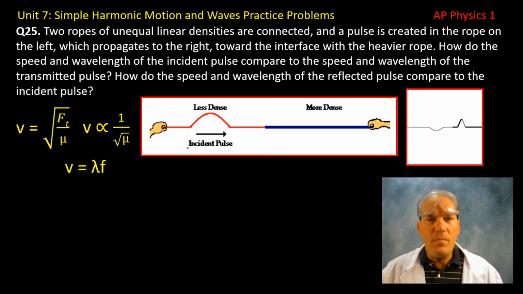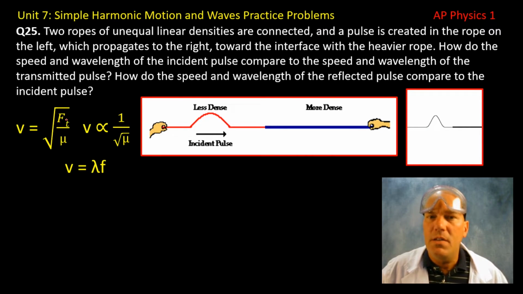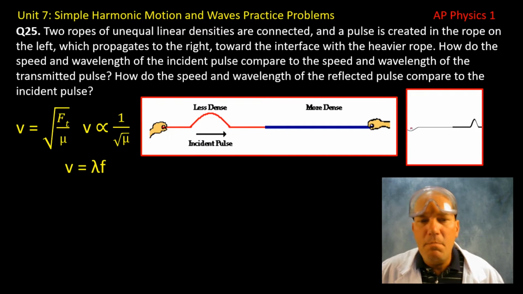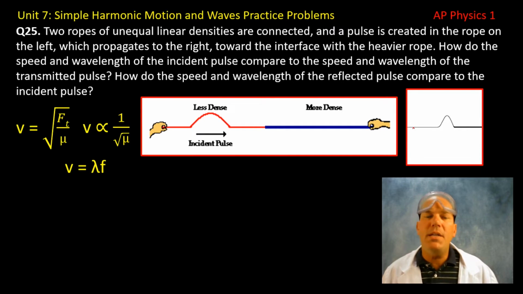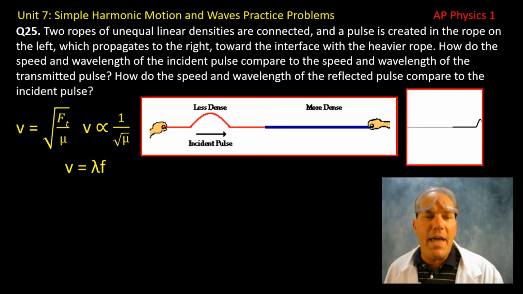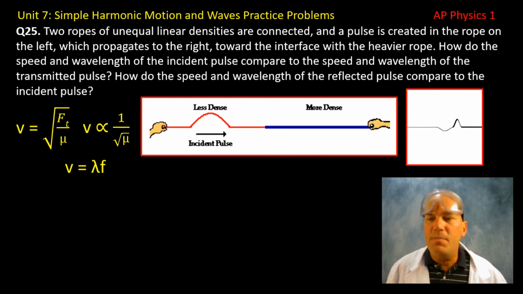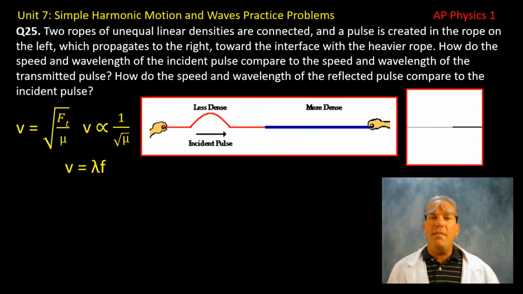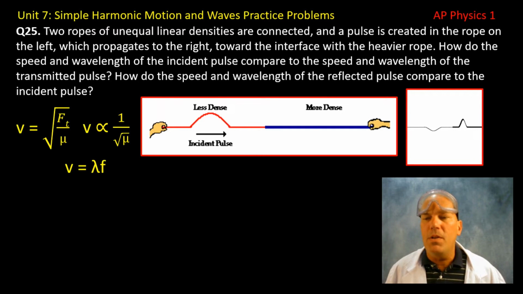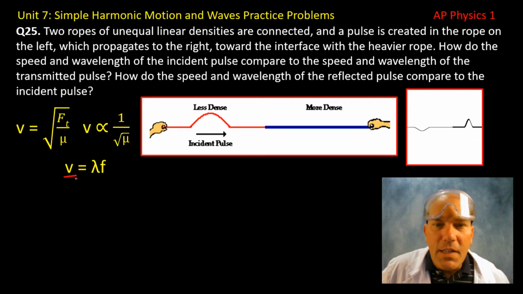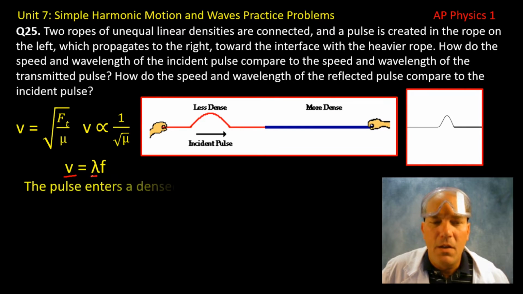Frequency is not changing. Wavelength is not changing. The medium is not changing. It's the same medium, that less dense medium. So it's going to have the exact same speed. It's going to have a decreased amplitude. And if it has the same velocity, frequency doesn't change. What about wavelength? It's the same as well.